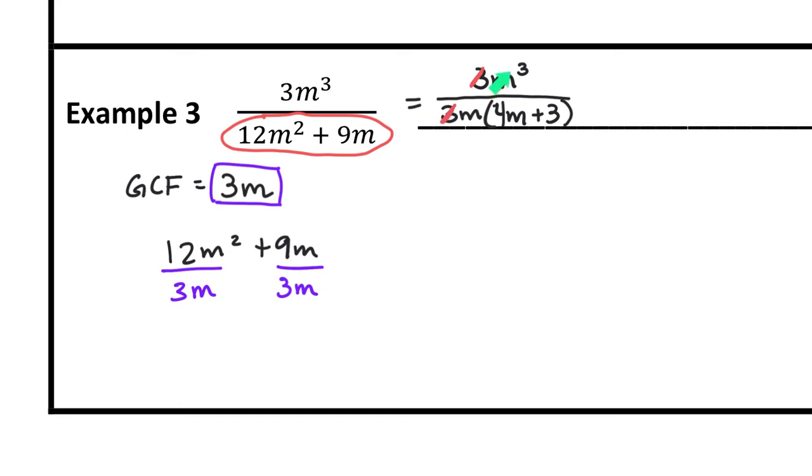And then here, if I have 3 m's on top and 1 on the bottom, this is going to cancel with this, and it's going to leave me with 2 m's, so m squared. So my final answer is going to be m squared over 4m plus 3.